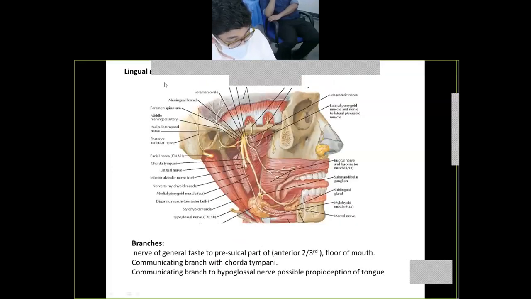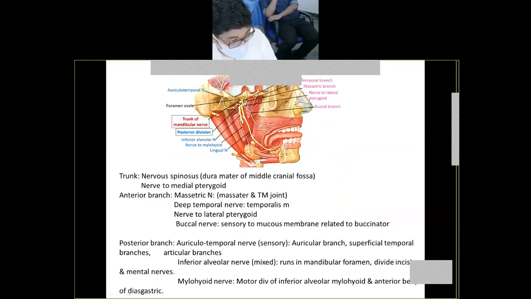Next is the lingual nerve. So we saw branches from the trunk, we saw branches from the anterior division, and then the posterior part: auriculotemporal, inferior alveolar, and the last one is the lingual. Can you see this?